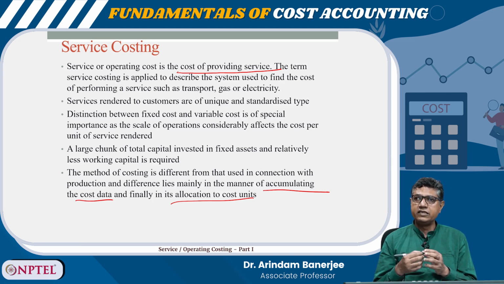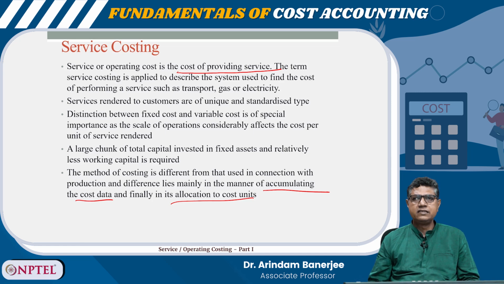In the previous session, when we were discussing job costing, we primarily considered manufacturing companies, and how in a manufacturing company the cost of a particular job is measured. So today we will discuss how in a service oriented firm, for example a hospital or transport services, the cost needs to be determined.